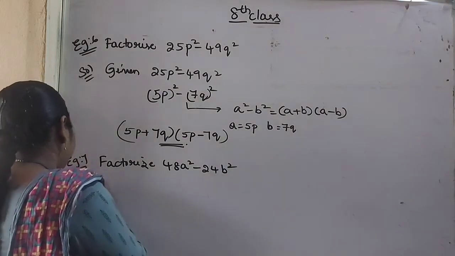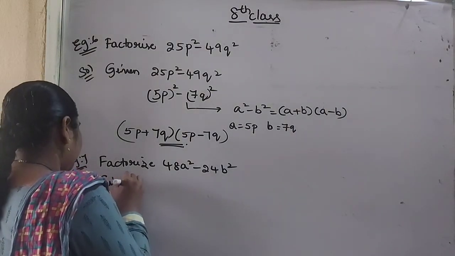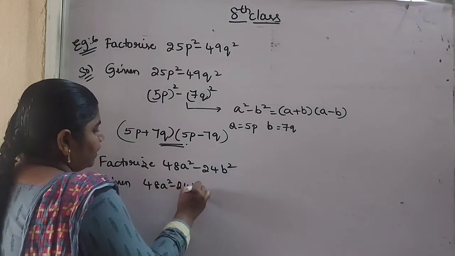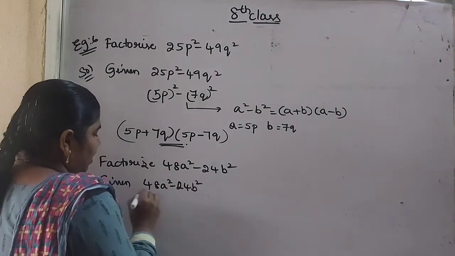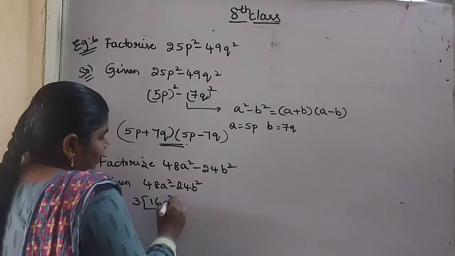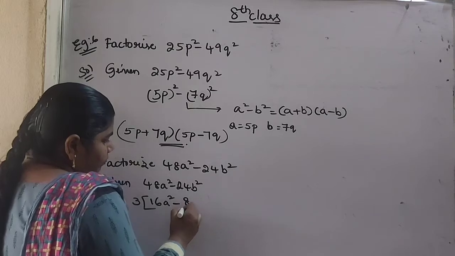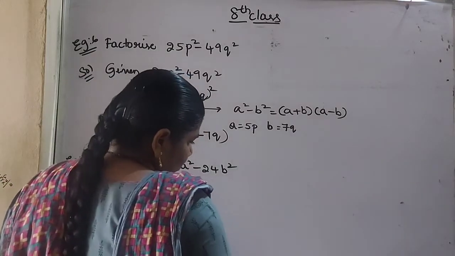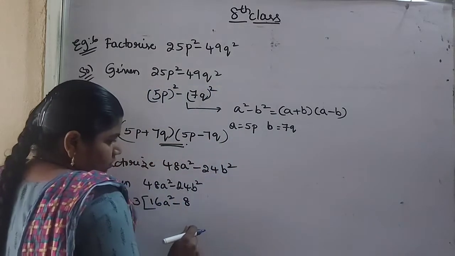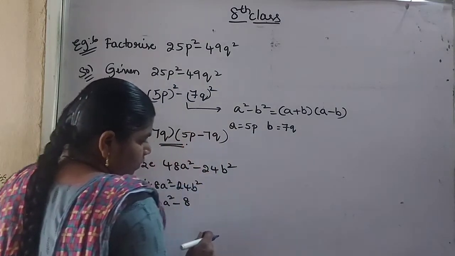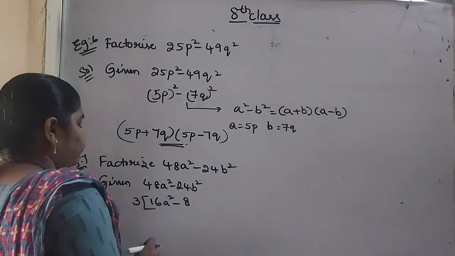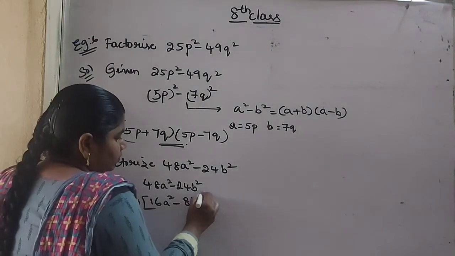Given 48a square minus 24b square, I am taking out 3 as common. 3 sixteen times is 48, minus 3 eight times is 24b square.